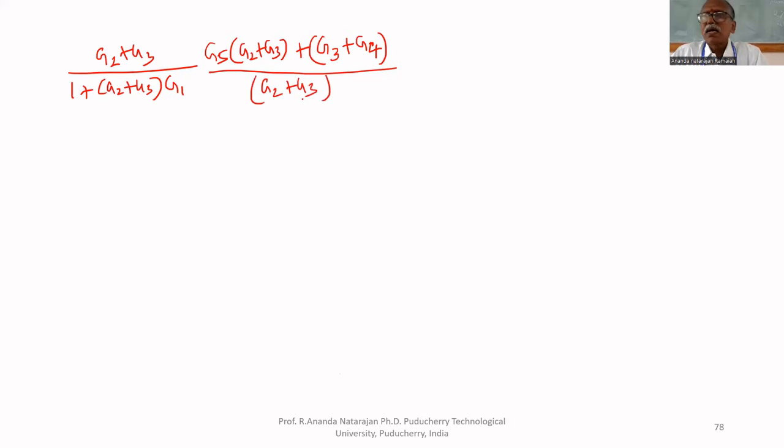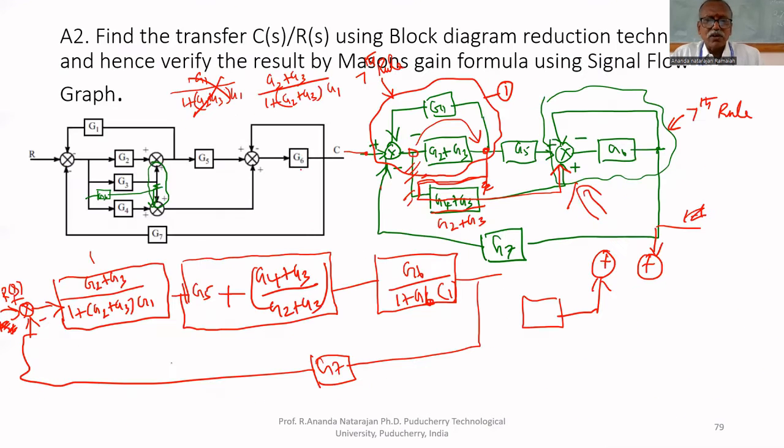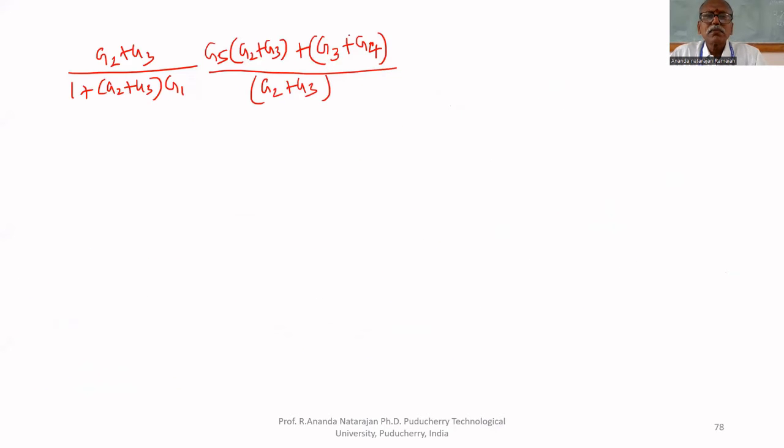Am I correct or not? I'm taking LCM for this block. For this, G2 plus G3 is the LCM. That's why G5 should be multiplied by G2 plus G3, plus G4 plus G3. So that's all.